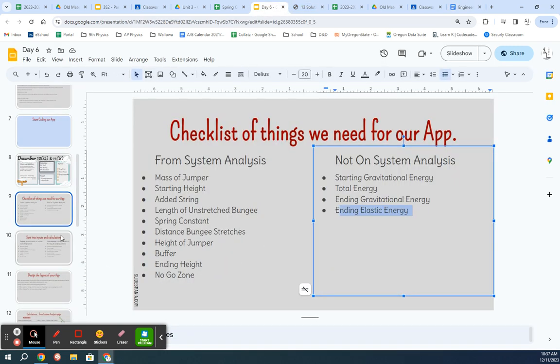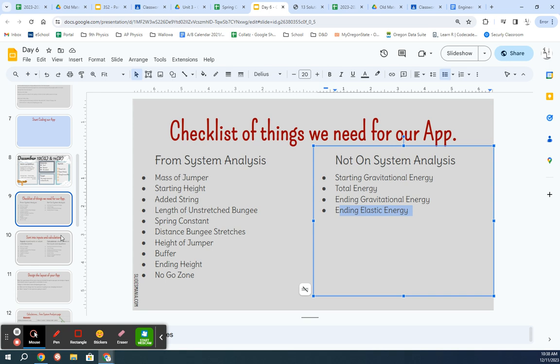So the next thing we're going to do, again, to try and think about how we're going to put this into our app, is we're going to sort this gigantic list. We're going to think about the things that we're going to need as inputs, and we're going to think about the things that we're going to need to calculate. So again, looking through each of these, we can think about how we're going to get the information.